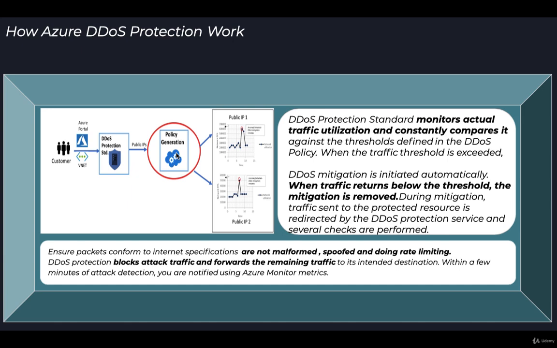Azure DDoS protection standard monitors the actual traffic passed to the resource where you have enabled DDoS protection, and it continuously monitors the traffic against a certain threshold which is defined in the DDoS protection policy.